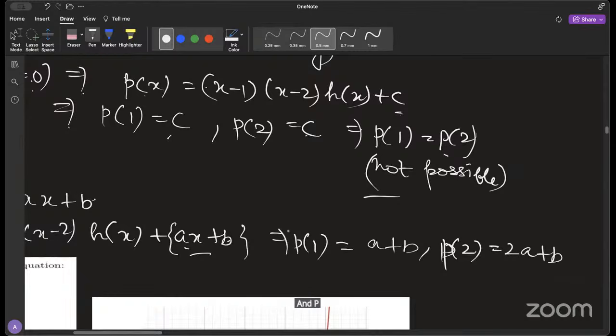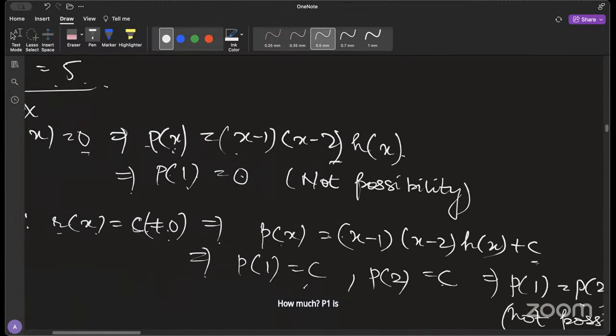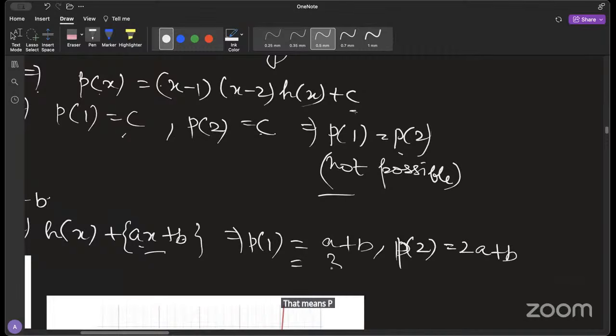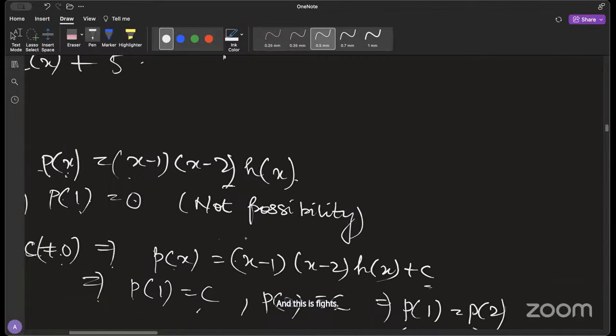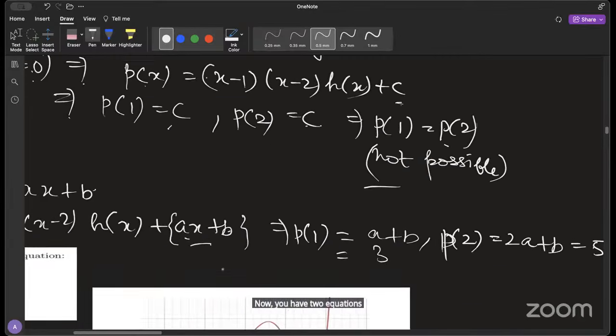And P1 is given to be how much? P1 is 3, P2 is 5. It's given in the question, right? That means A plus B is 3, and 2A plus B is 5. Now you have two equations. You just have to solve these two.